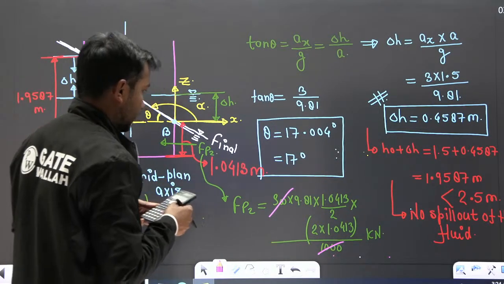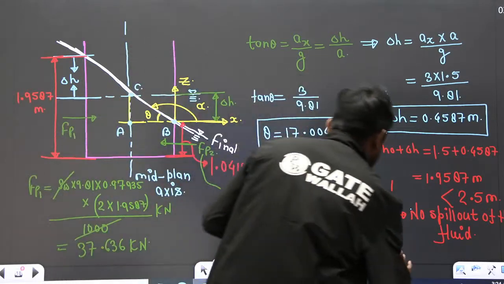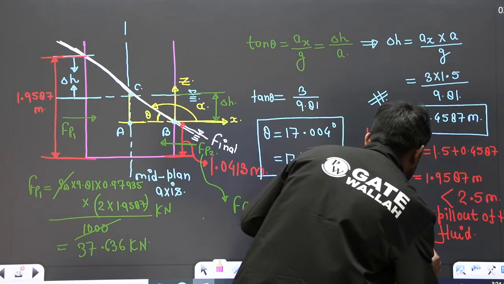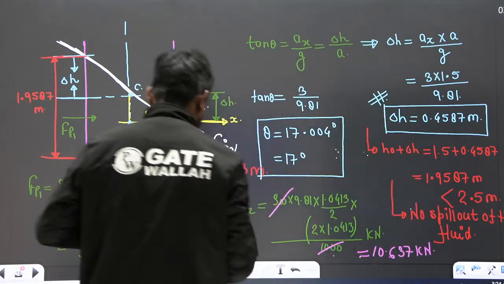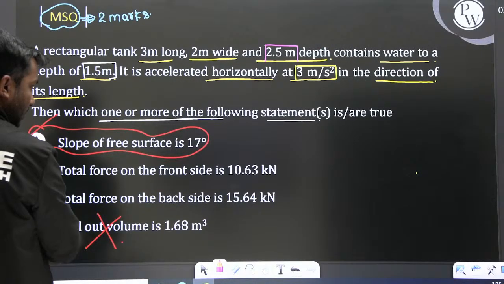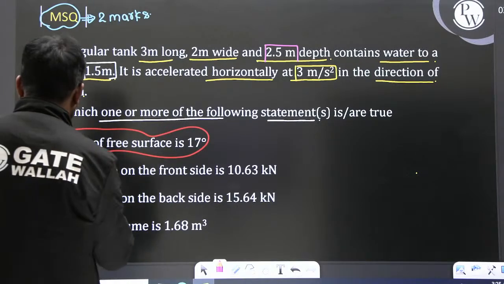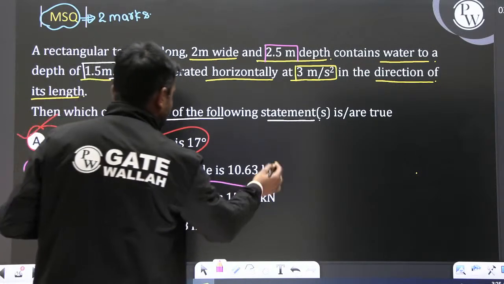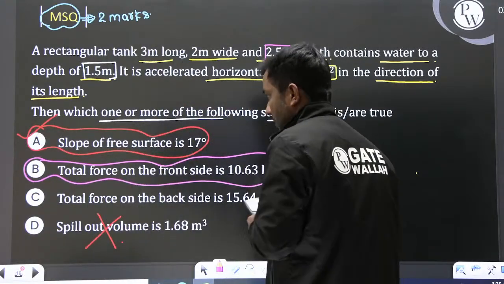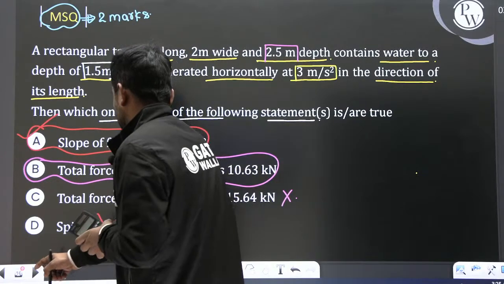I think this is correct, but I made a mistake. Let me first write. This one is in kilo. So total force is 10 point. Okay, that will come. So the answer should be A and B. I think the calculation is okay.